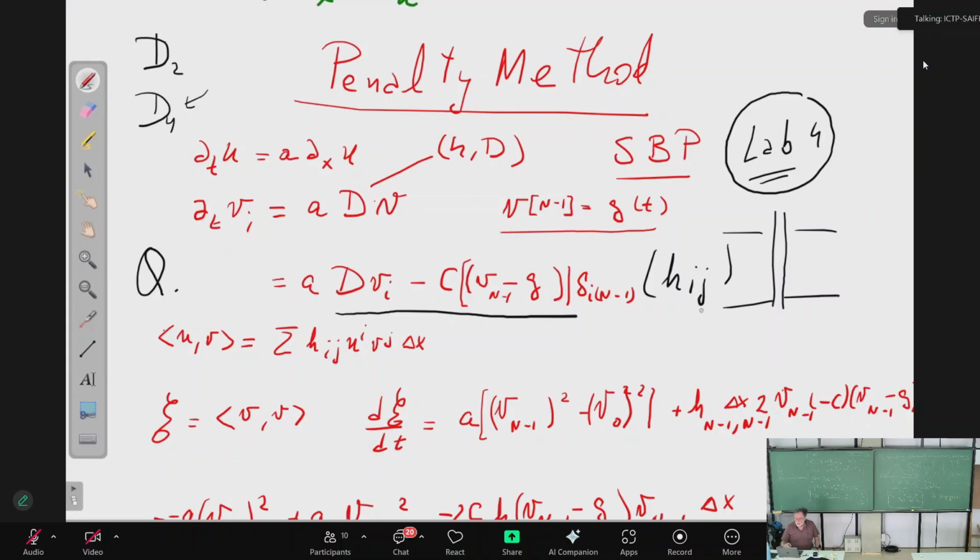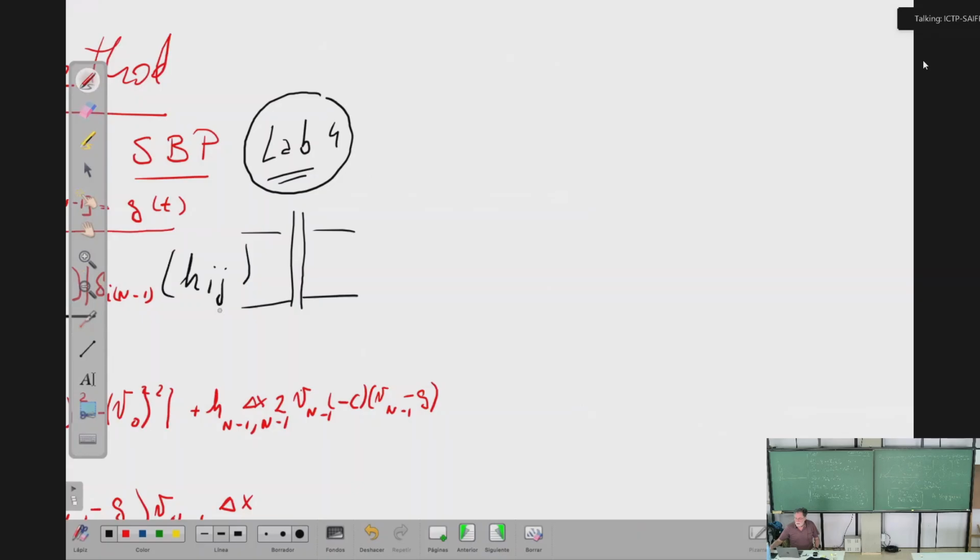Yeah, the H depends on the D, so they come together. So every D has an H. The H for the D2 was something. The H for the D4 that we are going to use is something. You will see how it is.